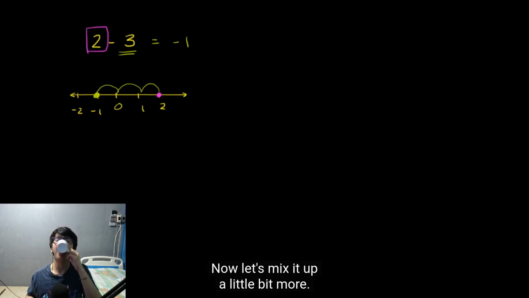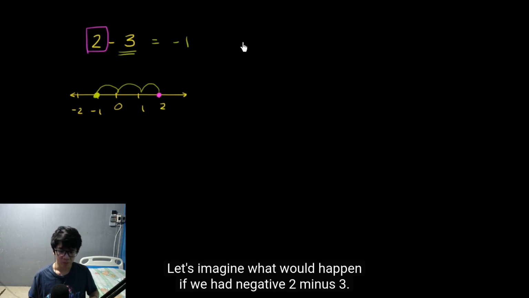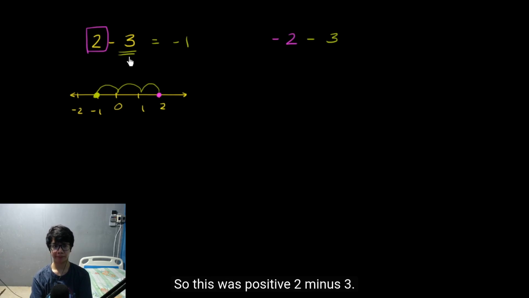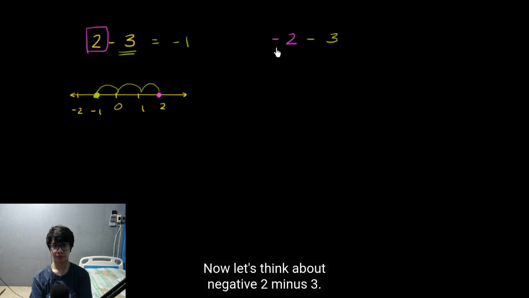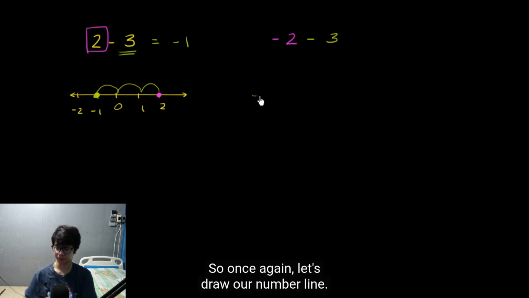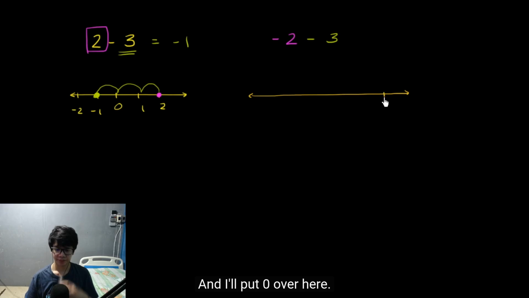Now let's mix it up a little bit more. Let's imagine what would happen if we had negative 2 minus 3. So this was positive 2 minus 3. Now let's think about negative 2 minus 3. So once again, let's draw our number line. I'll put 0 over here.